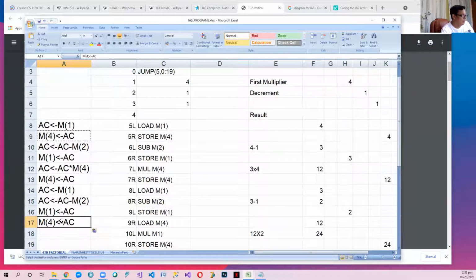Why do we have a load M4? The partial product. AC receives M of 4. Why do we have an M of 4? 12.